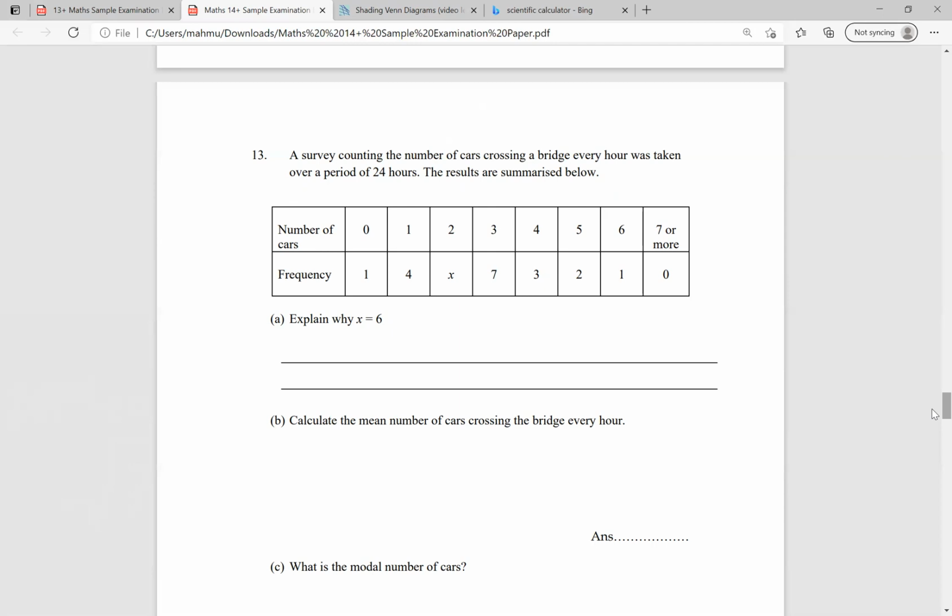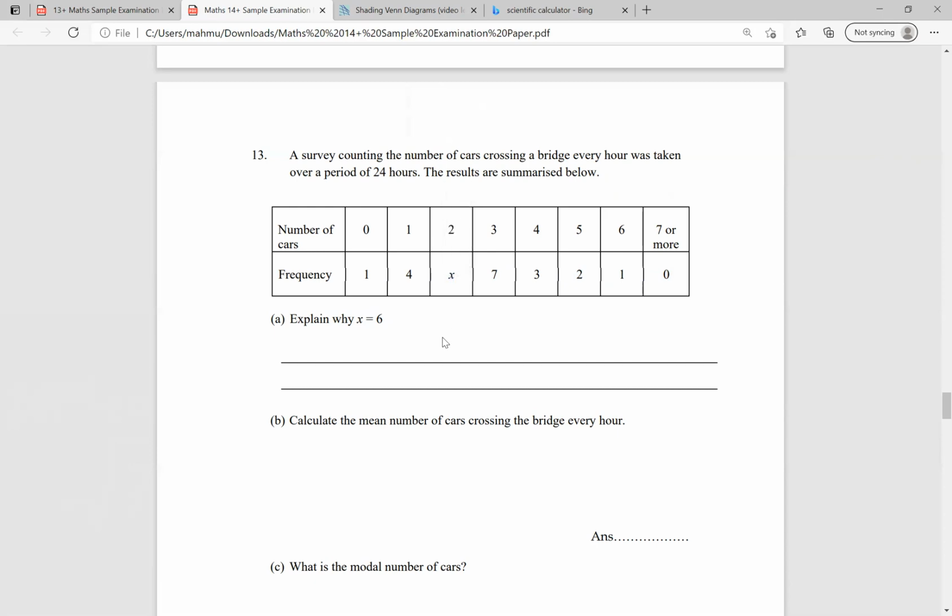It's saying it was taken over a period of 24 hours. So the frequency is the hours. So what should it add up to? 24. So if you take 24 minus all these numbers, x should be 6.